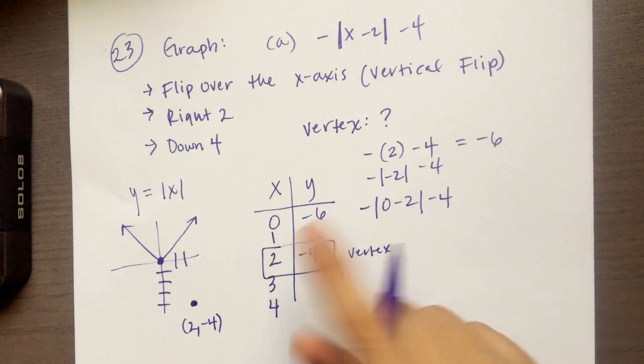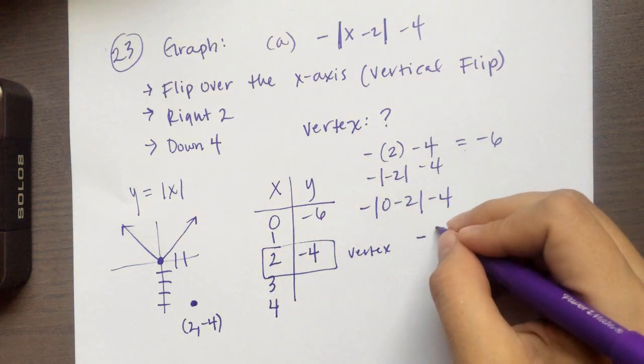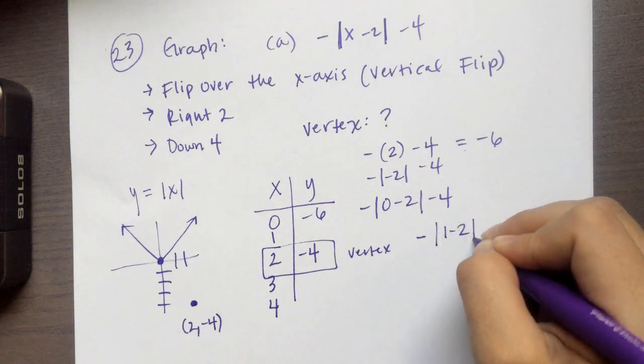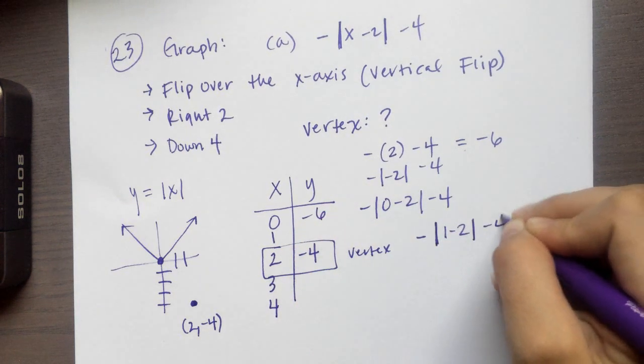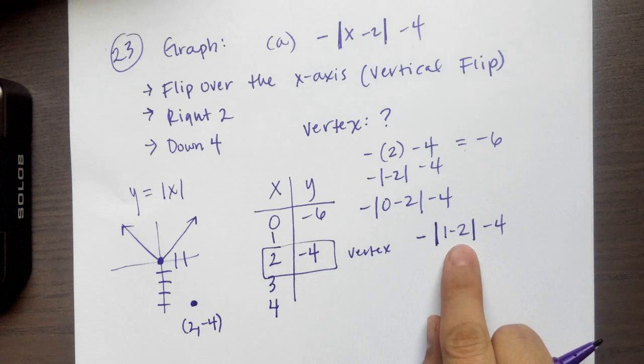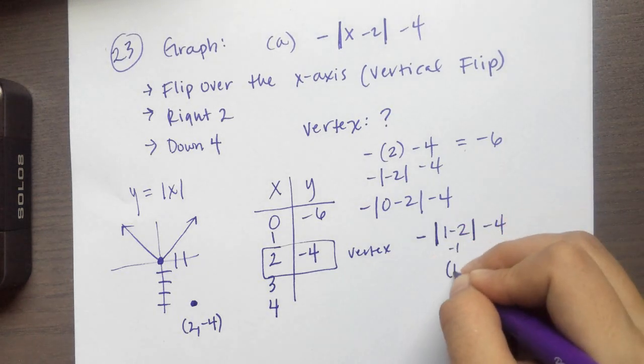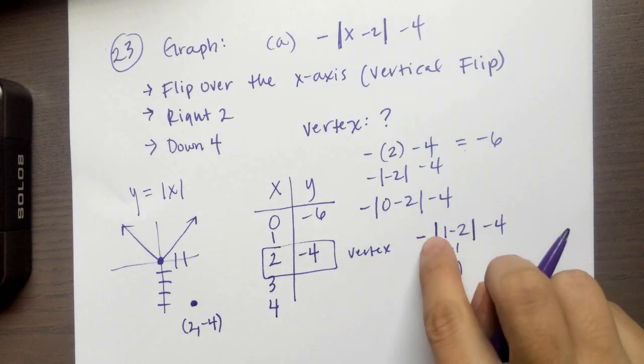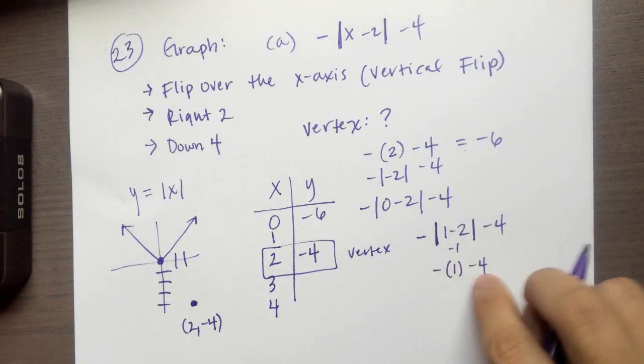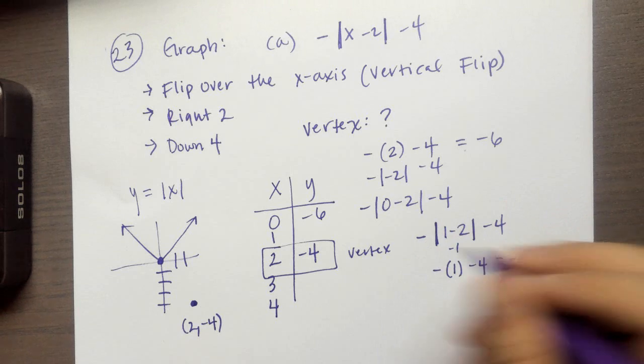If I plug in a 1, it's negative absolute value of 1 minus 2, minus 4. 1 minus 2 is negative 1. The absolute value of negative 1 is 1. So the negative comes down, this negative right here.